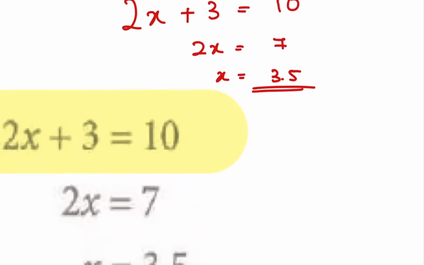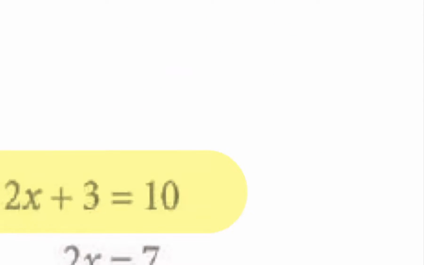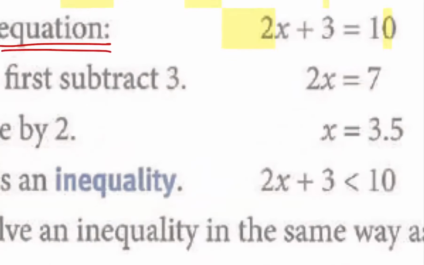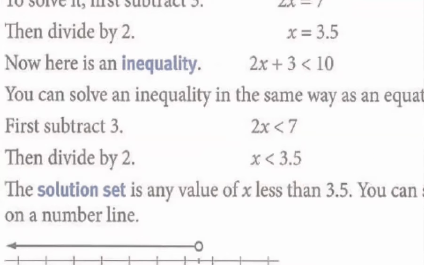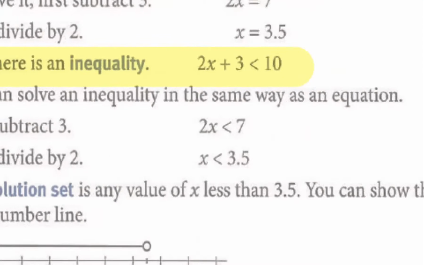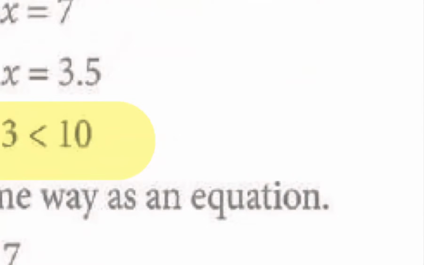However, if we are looking at an inequality, we need to find a range of numbers that will satisfy it. So here is an inequality: 2x plus 3 is less than 10. I can put a range of different answers that will make it correct.